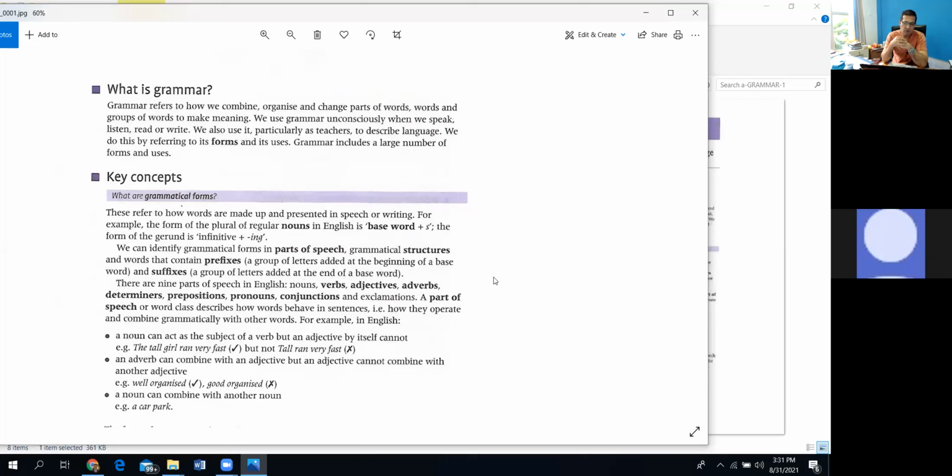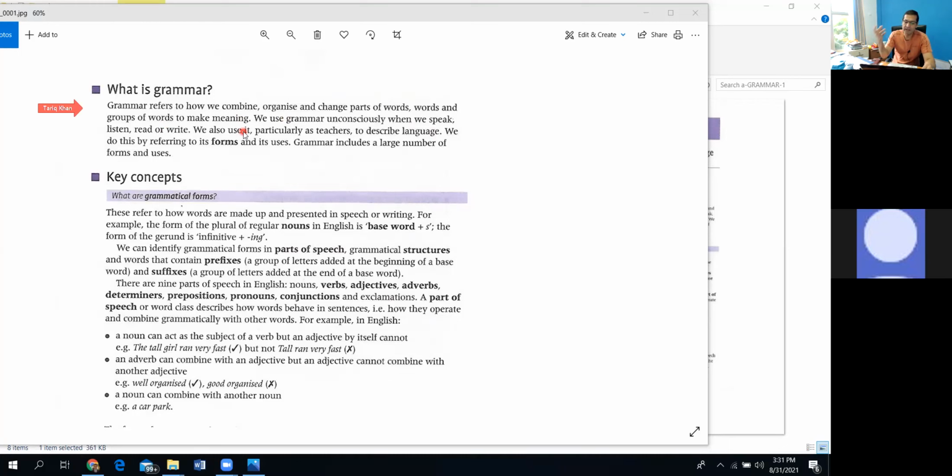Okay, so if we see the grammar, what they say from here, what is grammar? Grammar refers to how we combine, organize, and change parts of words and groups of words to make meaning. What are we doing?